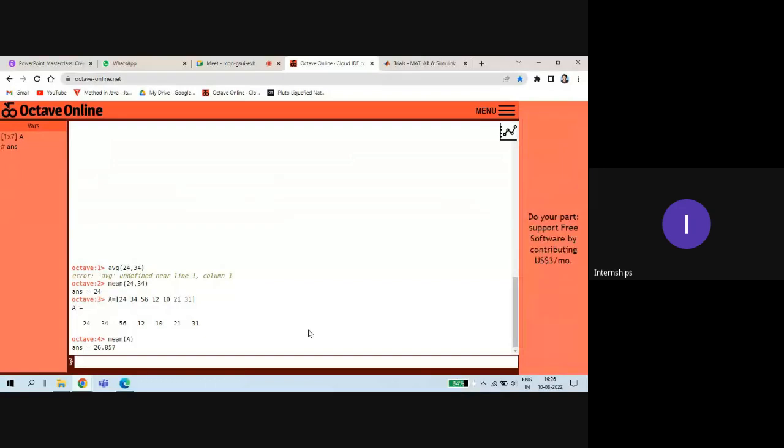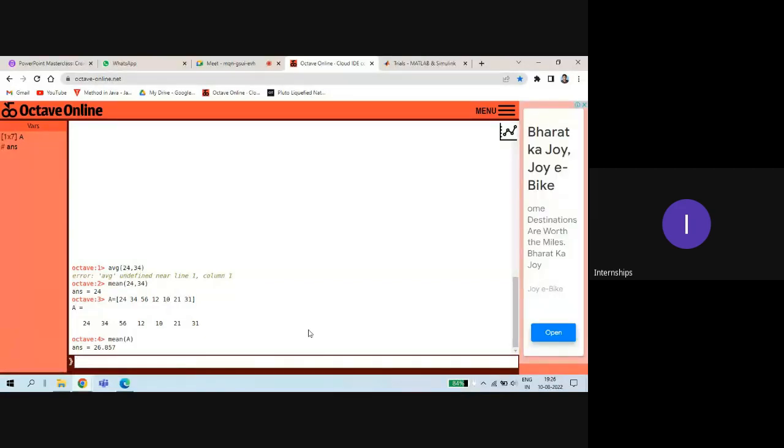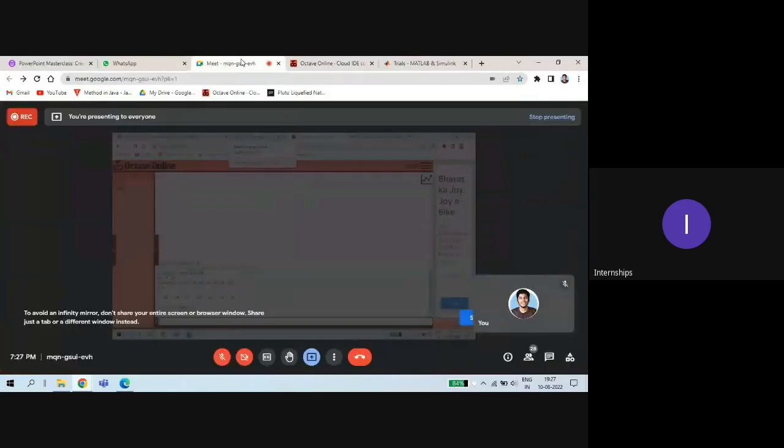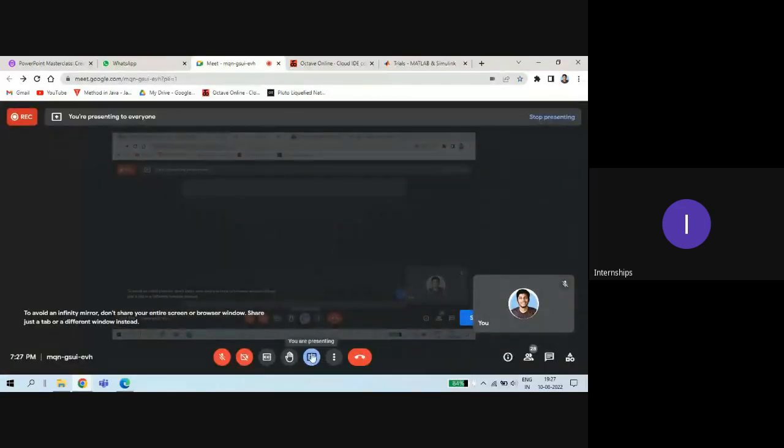Not done. I'm not using mean here. Use those commands that I have explained today. These are the inbuilt functions. I'm not using these inbuilt functions.